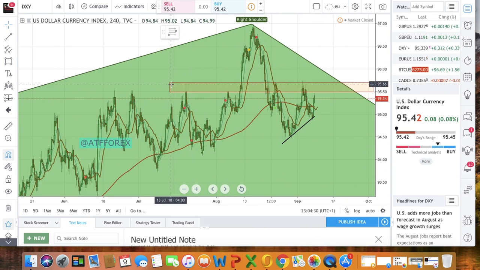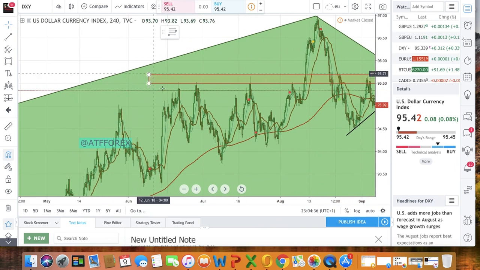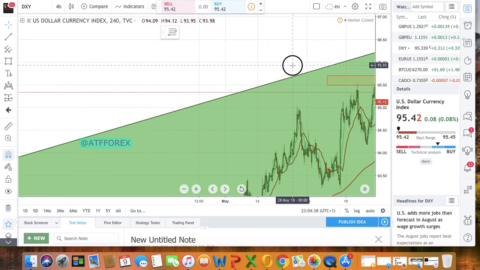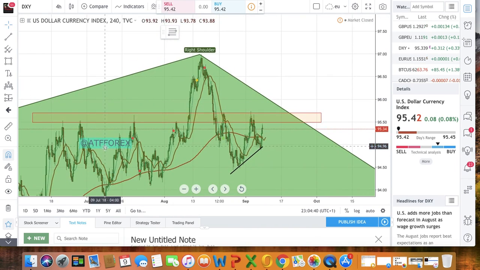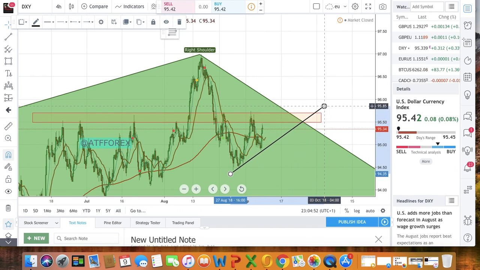Looking left, you can see that that level of resistance has continued from around the middle of July, and even before that, because we're at that shoulder point of this potential head and shoulders. So all we need to see now is price continue to reject within this region and then give us that final break below as well.